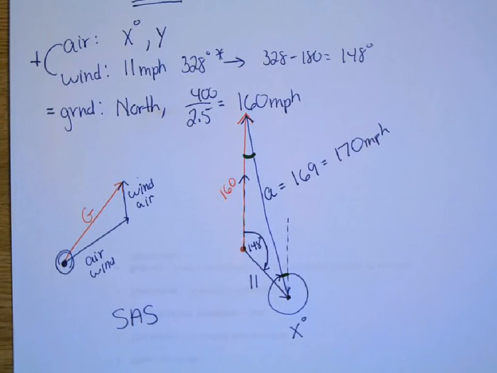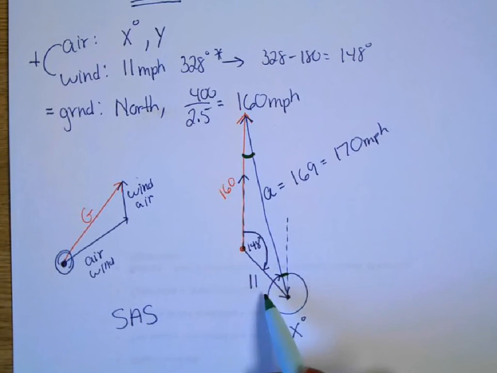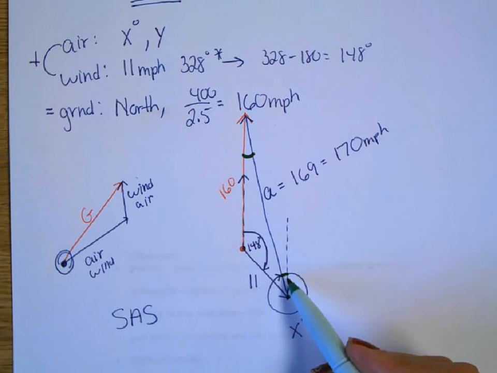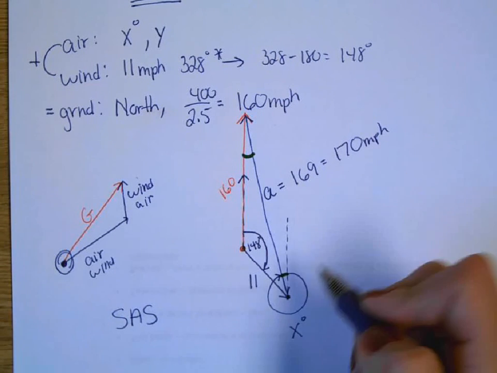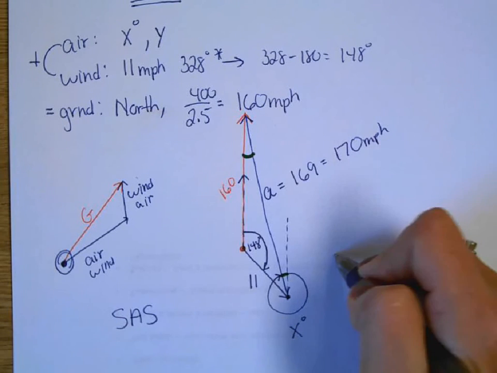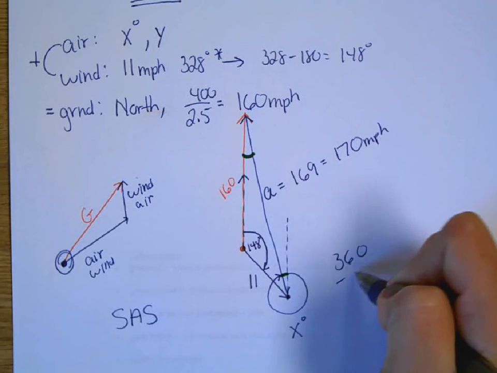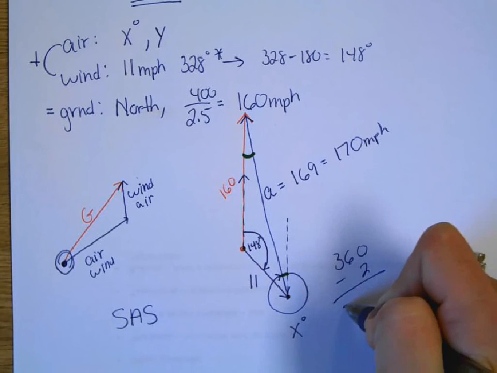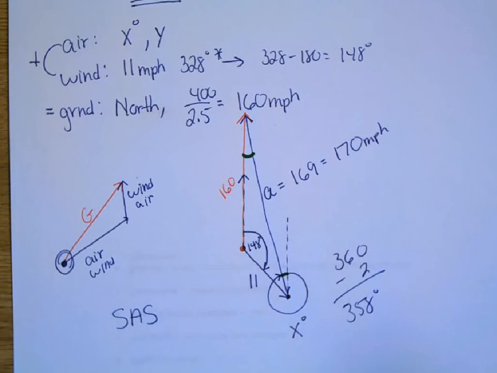Your way would work, Alyssa, if you worked over here. It'd just take a few more steps. After I know this angle, what do I do to get this? Subtract from 360. So 360 minus 2, 358 degrees.